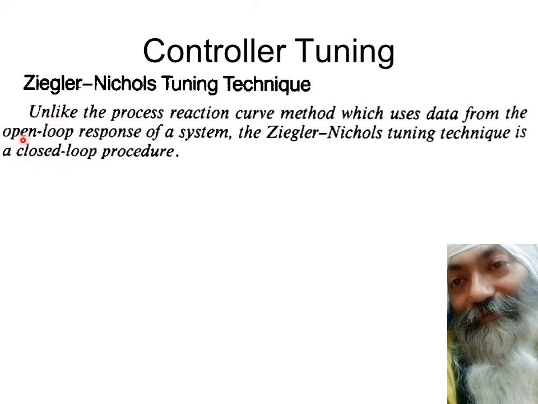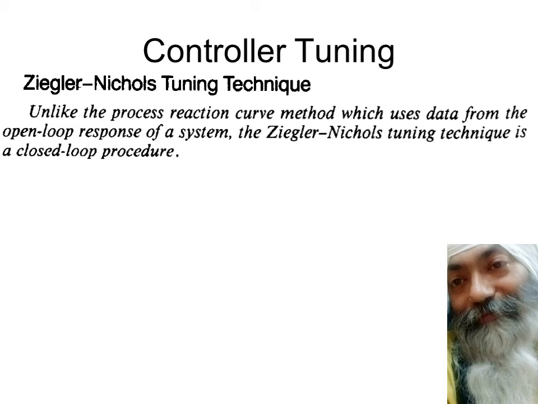So unlike the open loop response, we are now using the closed loop procedure, and this method was given by Ziegler and Nichols. These two gentlemen gave this technique which covers the limitation of the Cohen and Coon open loop method. So how does this go?